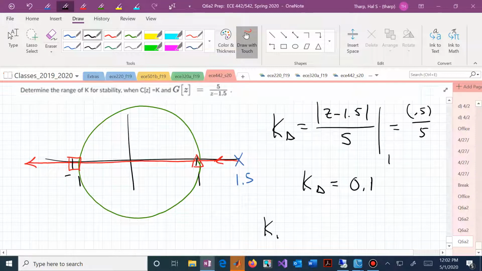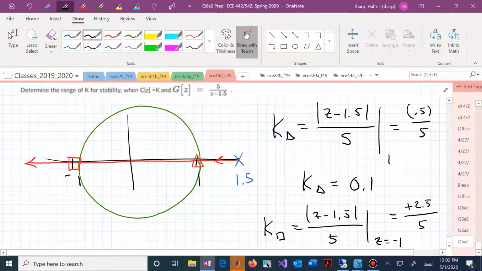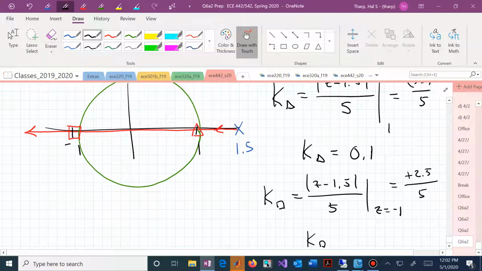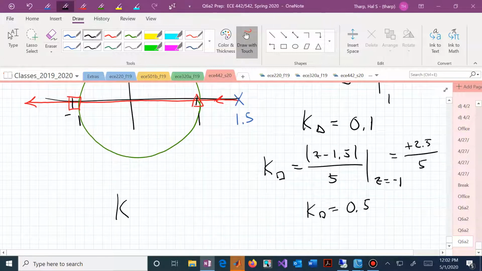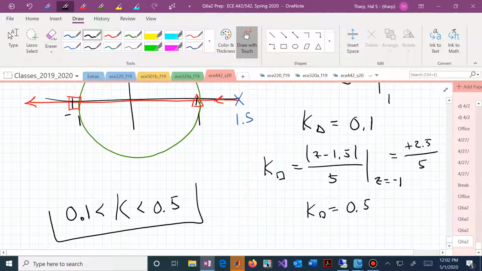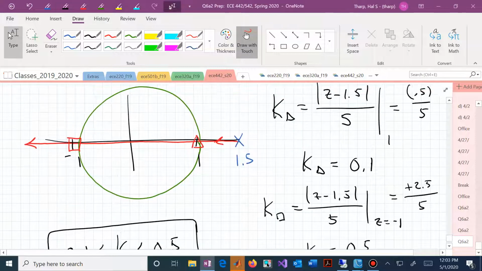K box is going to be determined when z is equal to minus 1, so we have 2.5 with the magnitude divided by 5, or k box is equal to 0.5. We now know that our range of stability for this system is going to be bounded between a value of 0.1 and 0.5.